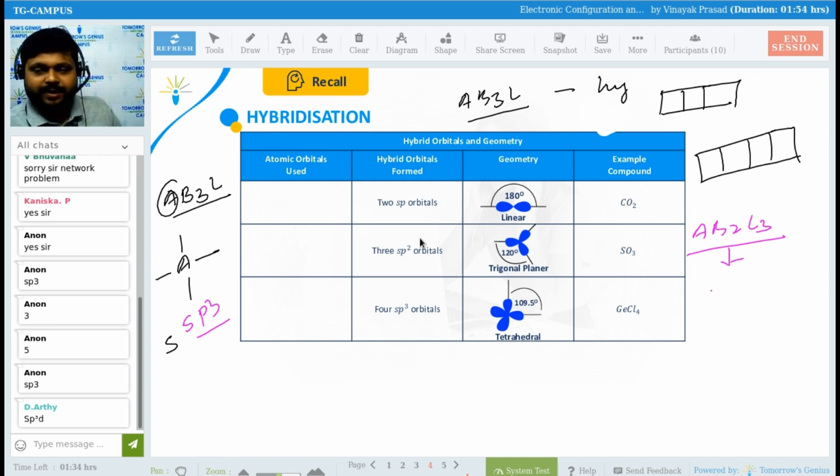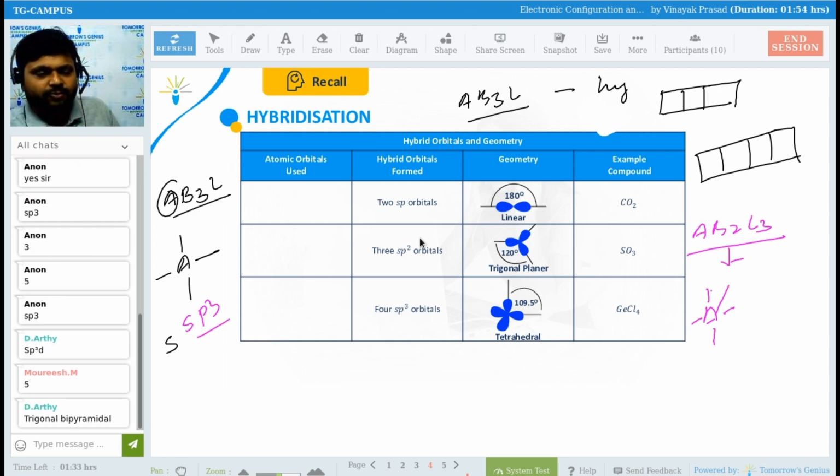See, AB2 is there. First draw A, right? 2B is there. So draw B, there will be 2B, so you just draw single bonds, right? And L3 is there. Although it will be a lone pair, I have taken it as a bond, right? So how many bonds are there? 1, 2, 3, 4, 5. 5 bonds are there.